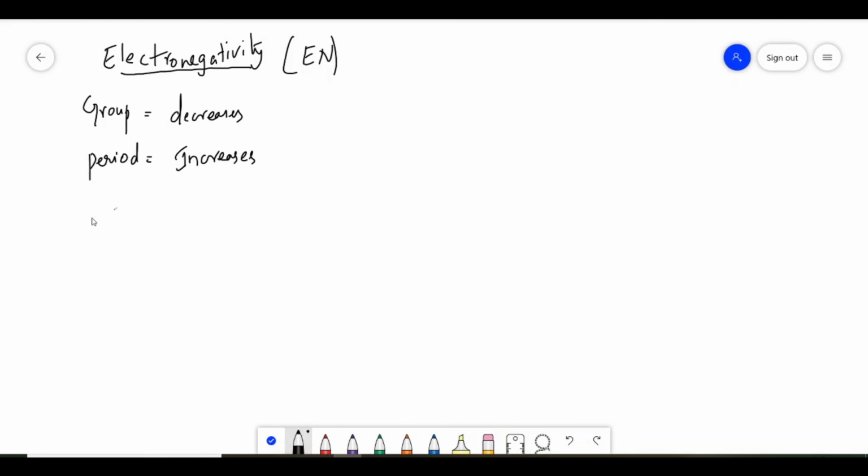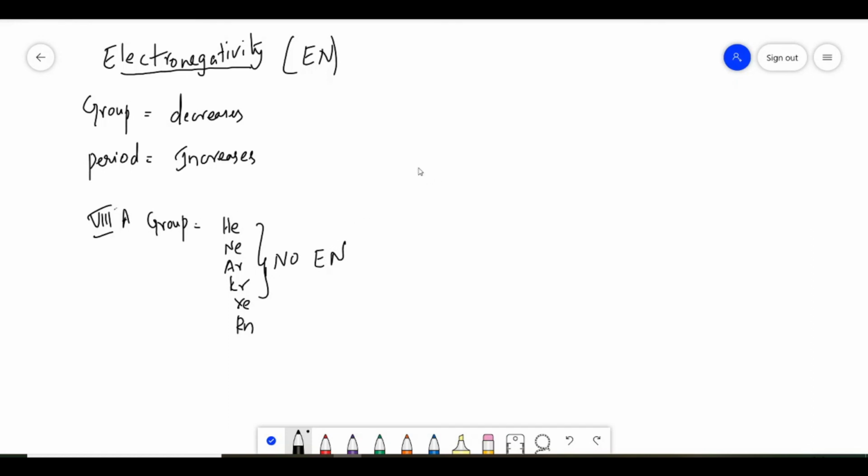That is the eighth A group. Eighth A group elements means helium, neon, argon, krypton, xenon, radon. So they have no electronegativity. Electronegativity is not present.